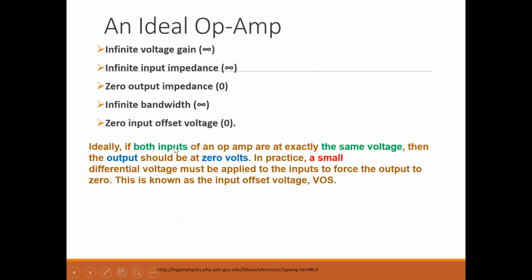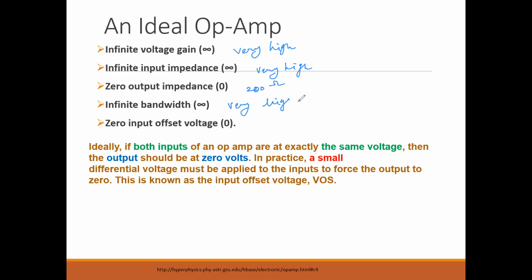So these are the ideal characteristics: infinite voltage gain, infinite input impedance. Practically what will we call it? Very high, because infinite is practically not possible. Very high voltage gain, infinite input impedance, that means very high input impedance practically, zero output impedance, a small value of output impedance, typically less than 200 ohm, infinite bandwidth, so very high bandwidth.